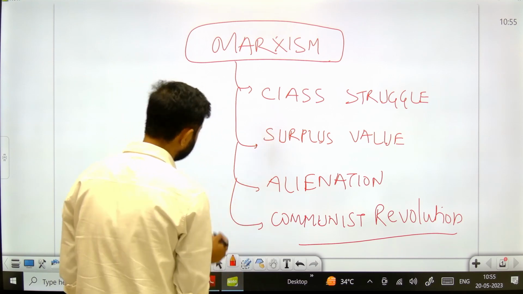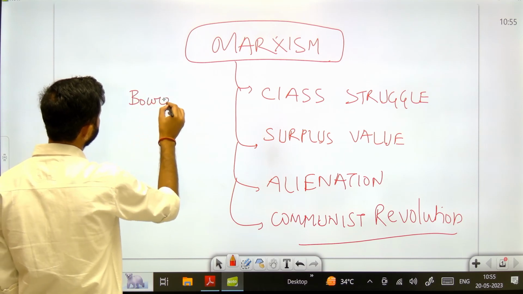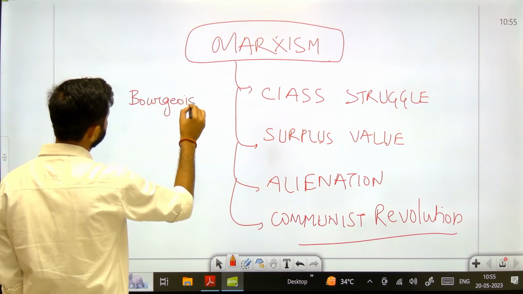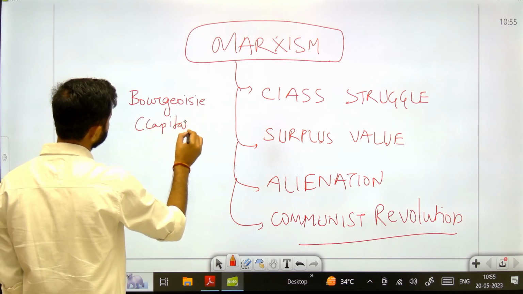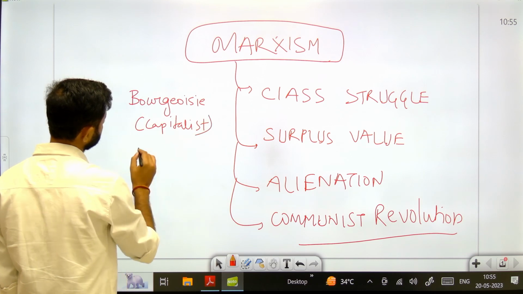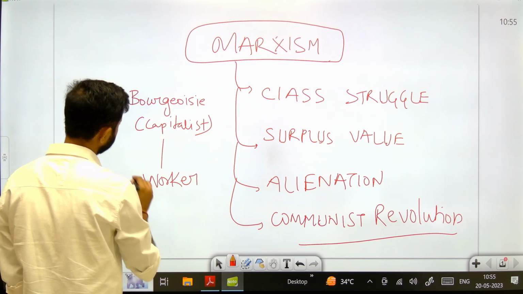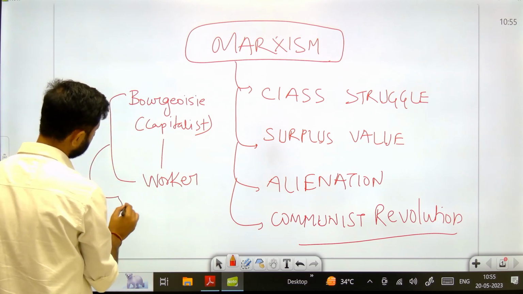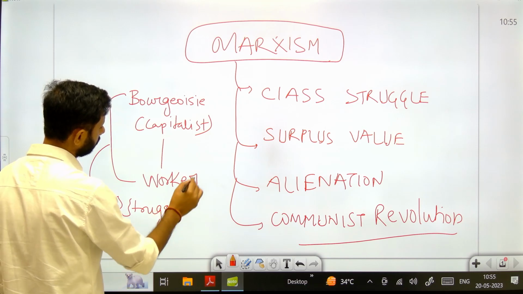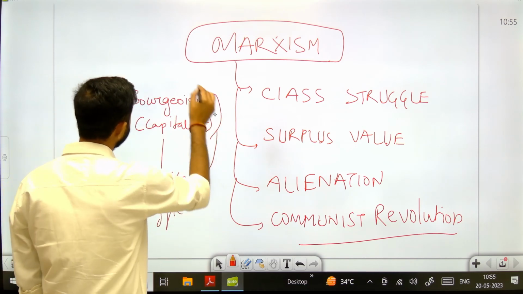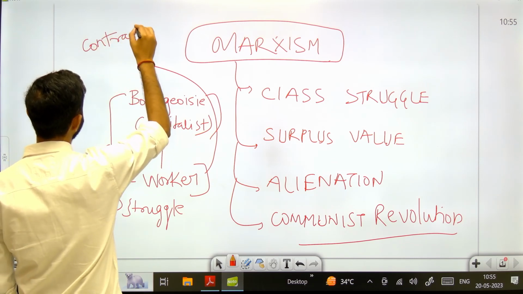Class struggle. Marx says that the bourgeois, or the capitalist class, and the workers' class will always be in a struggle. Why? Because they both have contradictory interests.